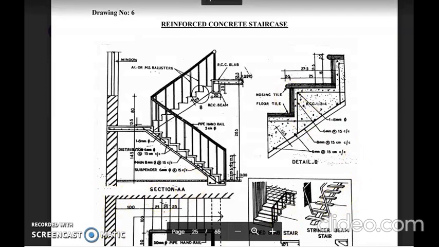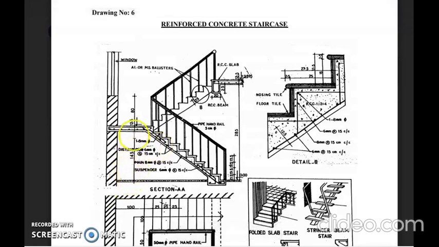Before drawing, you have to find the number of rise and number of tread. Here we can see that the height of this first flight can be taken as 145 plus 12.5. So 145 indicates the height from this point to the bottom of this landing, and the landing thickness can be taken as 12.5.